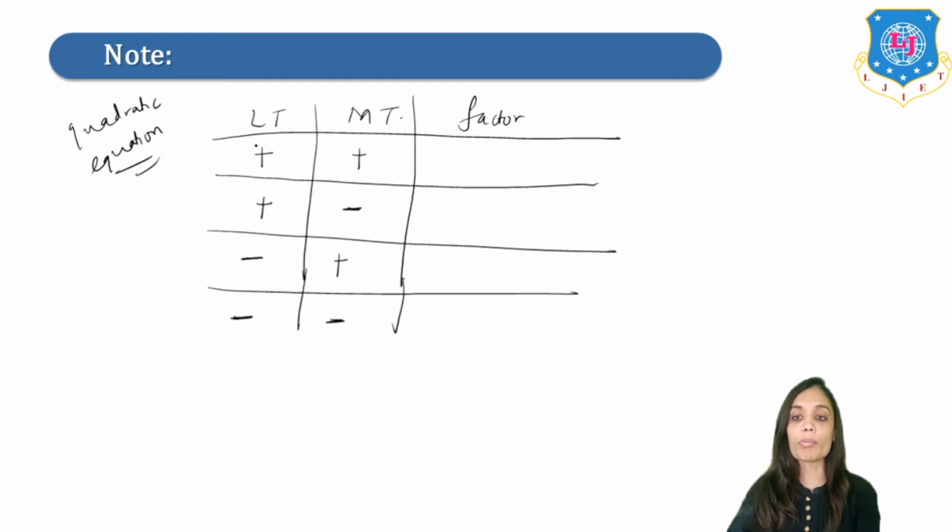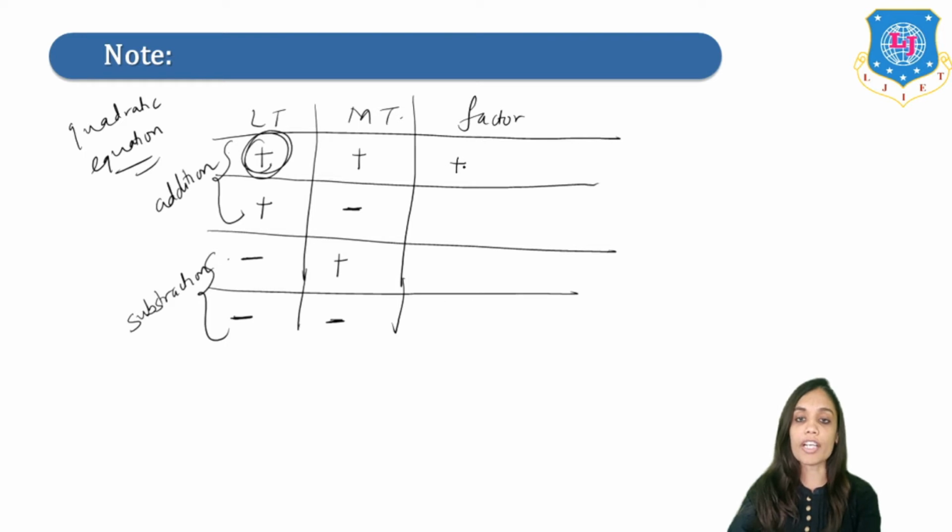What you have to remember: if the last term sign is plus, then we have to add 2 factors, right? And if the sign of the last term is minus, we will subtract 2 factors, right? Now, if the sign of the middle term is plus and the last term sign is also plus, the factors will have sign plus plus, right?